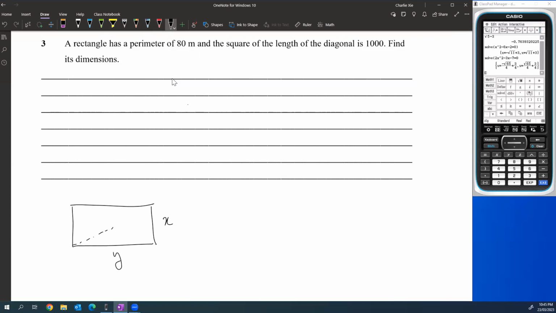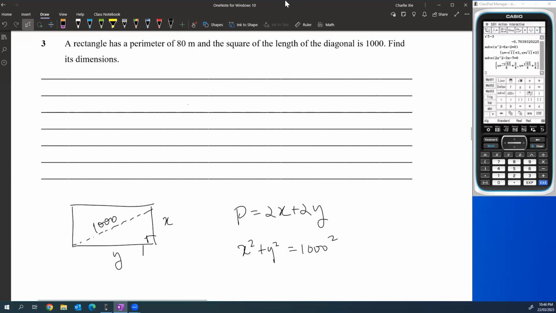I can express the perimeter, which is 80, as 2 times x plus 2 times y. And we also know the diagonal length is 1000, so that just means x squared plus y squared equals 1000 squared using the Pythagoras theorem. That's a right angle triangle.